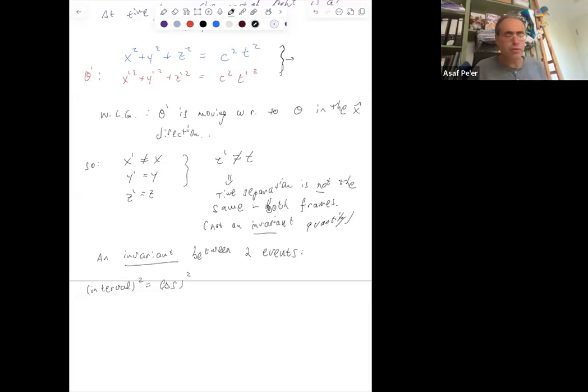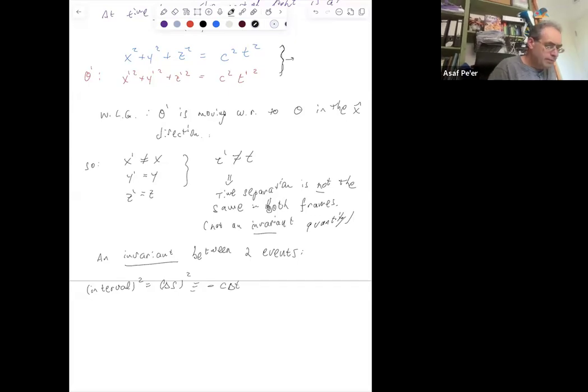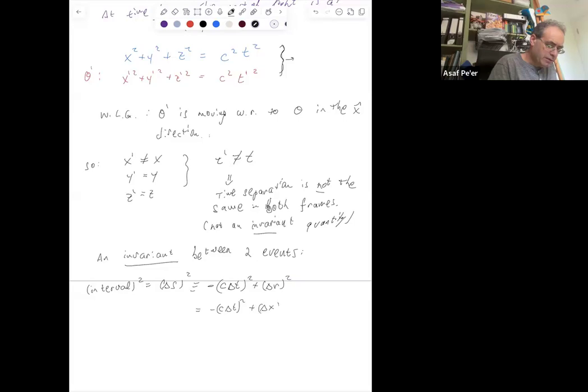The delta is because it's between two events. It is defined as minus C delta T squared plus delta R squared, which is minus C delta T squared plus delta X squared plus delta Y squared plus delta Z squared.